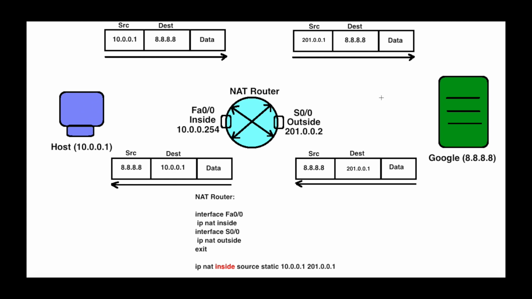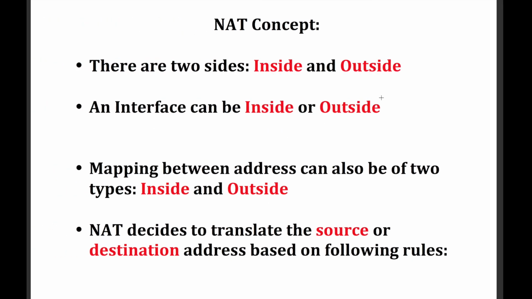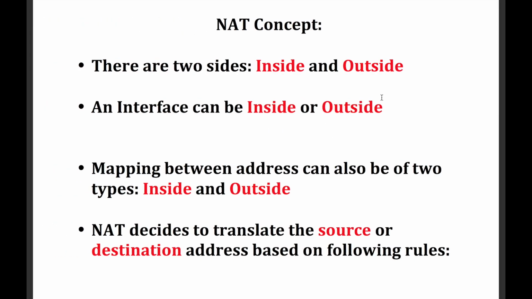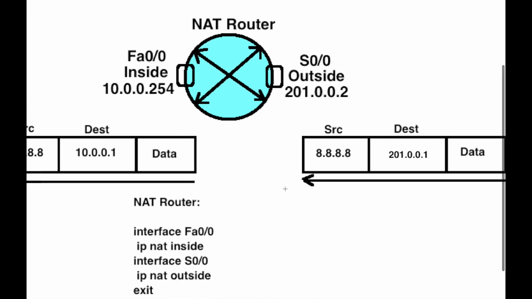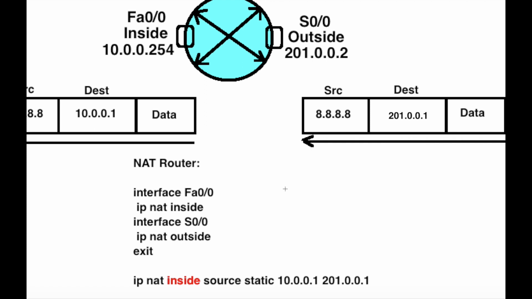So every interface has a specific NAT type, inside or outside. Apart from that, there are address mappings between addresses, and those can also be of two types, inside or outside. In this configuration example, you can see the interfaces are configured as inside or outside, and then there is a mapping, ip nat inside source static, and this can also be an outside mapping, ip nat outside, right?